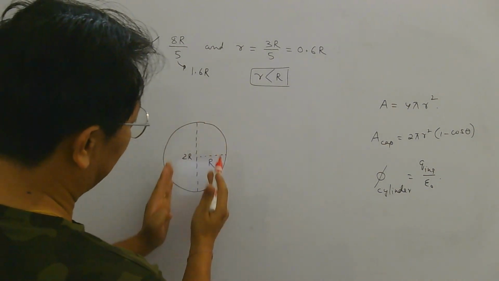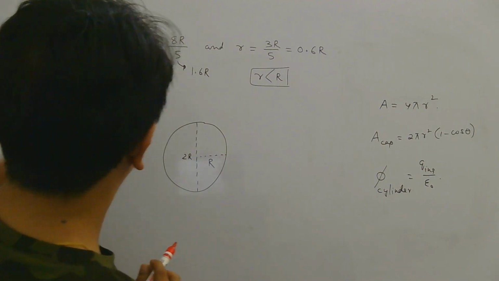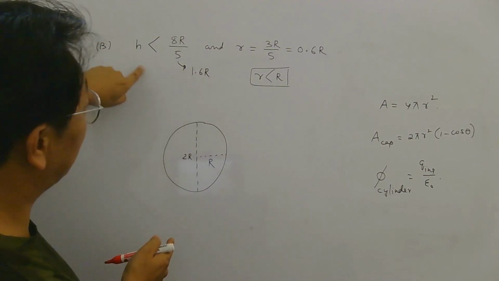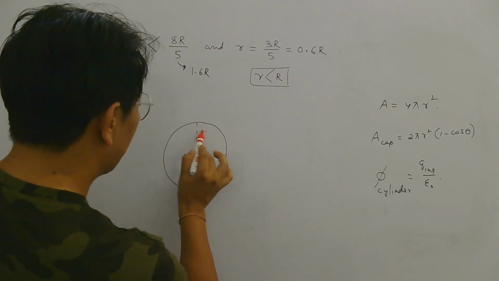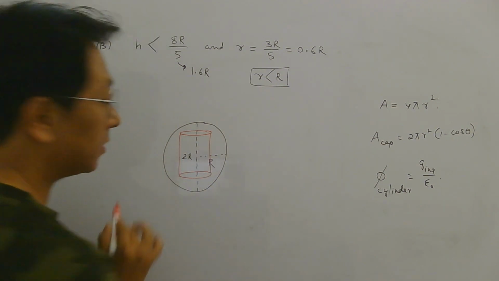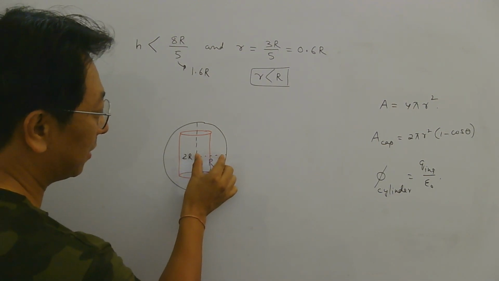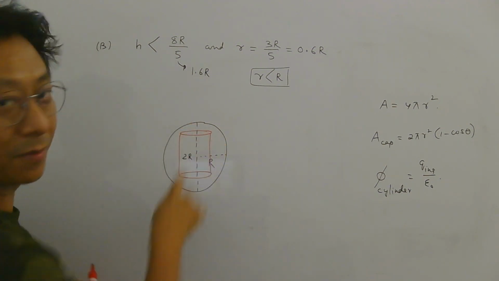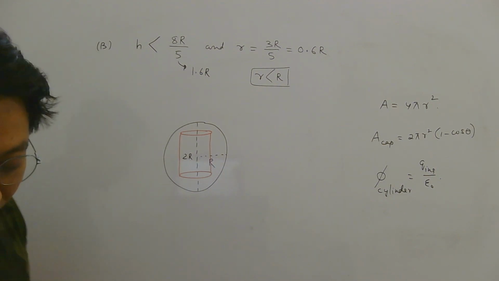This cylinder should be like this because the radius of the cylinder is less than capital R. Also, the height is less than 2r because it is less than 1.6r, so it is less than 2r obviously. So your cylinder will be somewhat like this, isn't it? This is the radius of the cylinder which is less than capital R, and this is the height of the cylinder which is less than 2r, because less than 1.6r means it is less than 2r also.